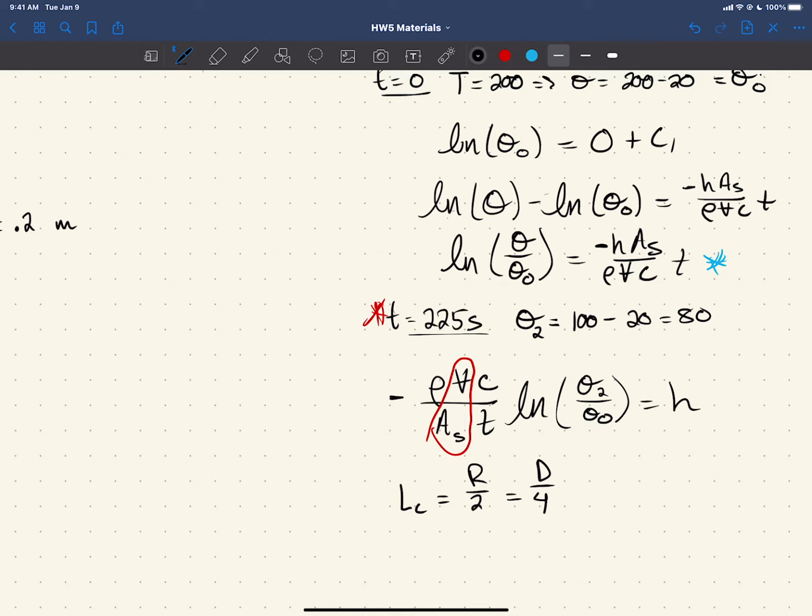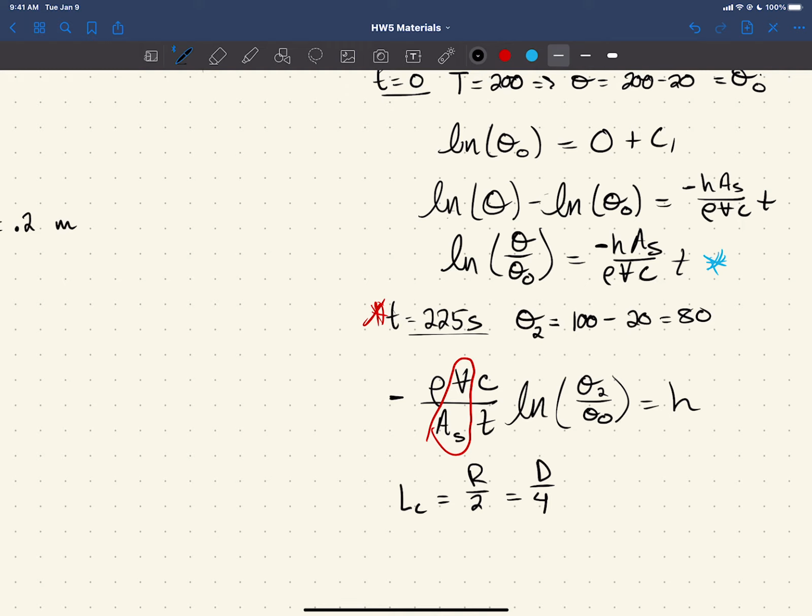And it can be helpful sometimes if you notice that you never have to count. In these problems, it's always either V over As or As over V, which in either case is either Lc or 1 over Lc.